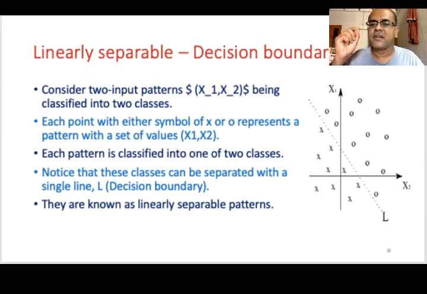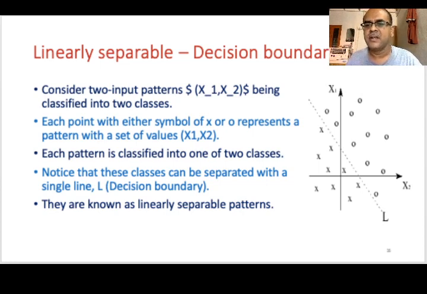If I can draw a single line called the decision boundary that could separate these two classes, then I would say this problem is a linearly separable problem. Or the pattern is called linearly separable if I can draw a line. The line could be either dotted or solid.